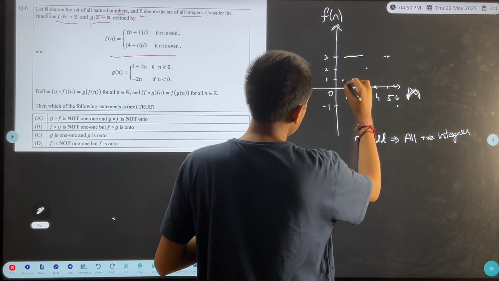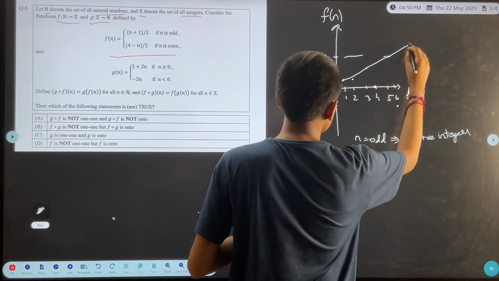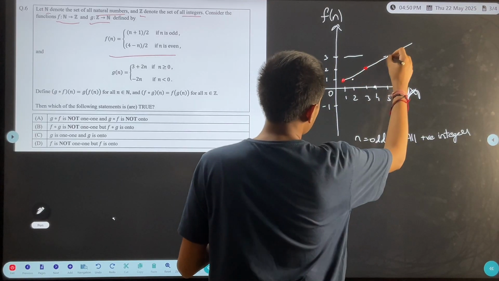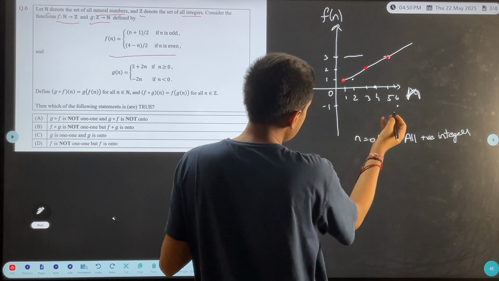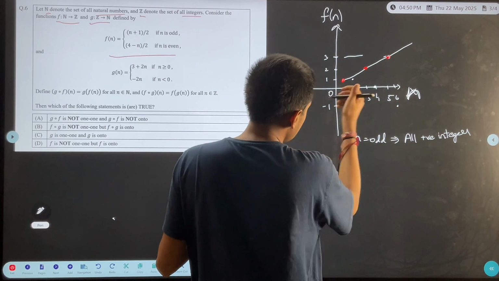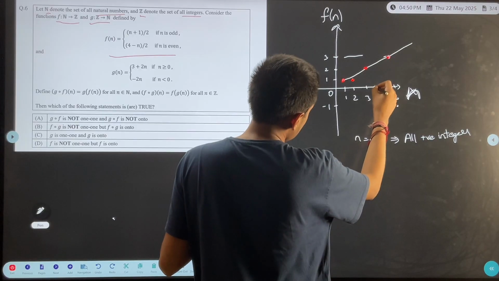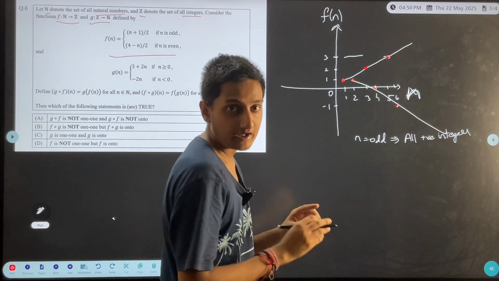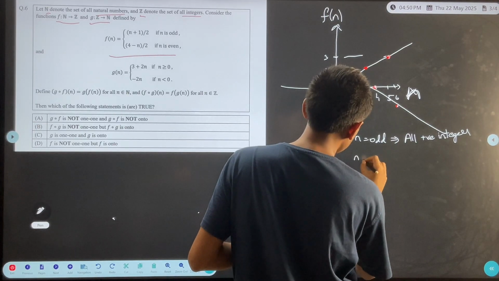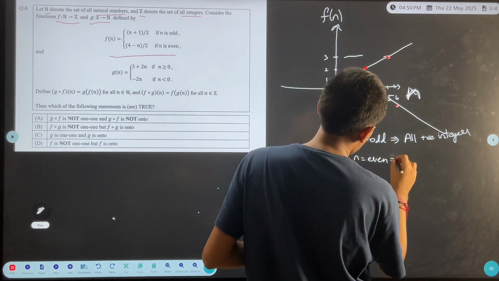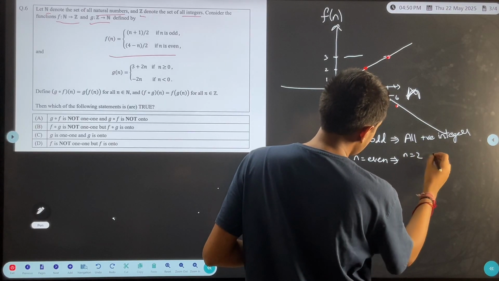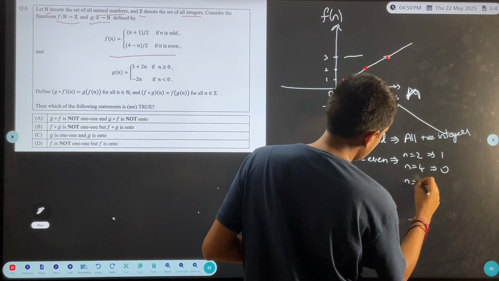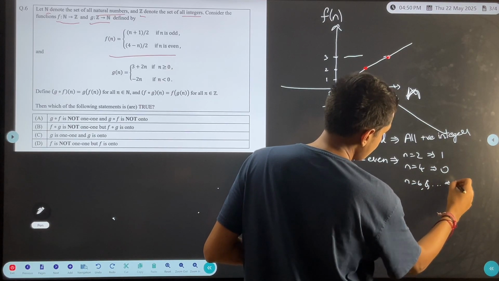So for convenience sake, I will draw a line like this just to show that at each odd value we are getting positive integers. For each even value we are first getting 1, then 0, then minus 1, and it will in fact go through all the negative integers. So that means for n equal to even, n equal to 2 we get 1, n equal to 4 we get 0, and then n equal to 6, 8 and so on, we will get all the negative integers.